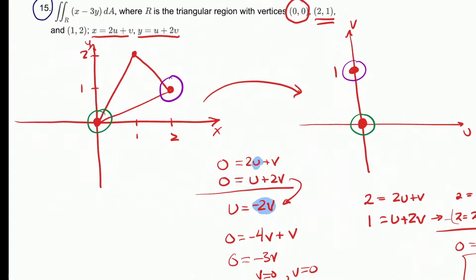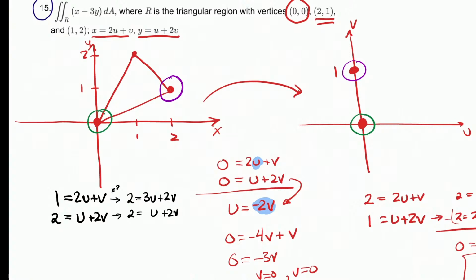So let's see, this is x is 1, y is 2. Okay, so x is 1, y is 2. Let's double the top equation. So if I multiply this times 2, I get 2 is equal to 3u plus 2v. 2 is equal to u plus 2v.